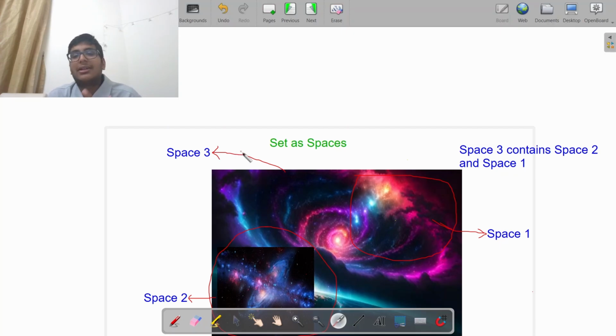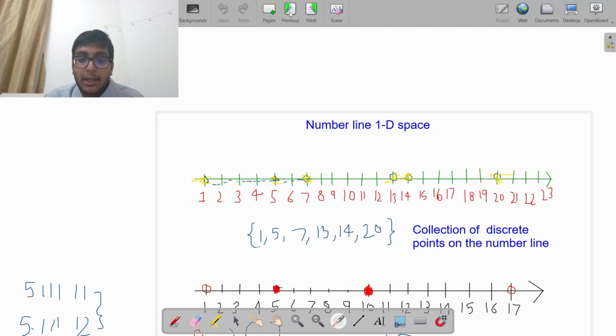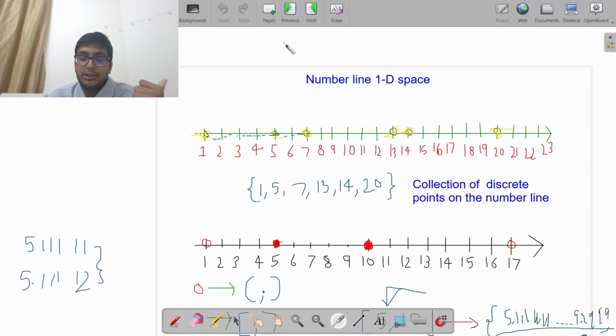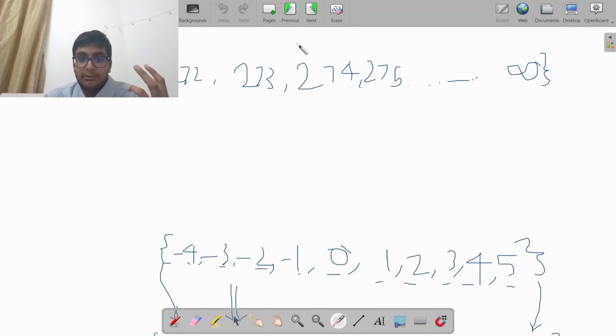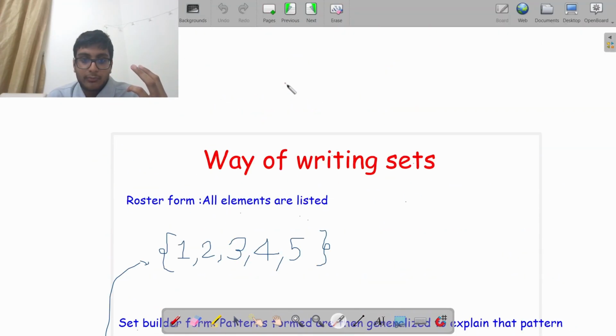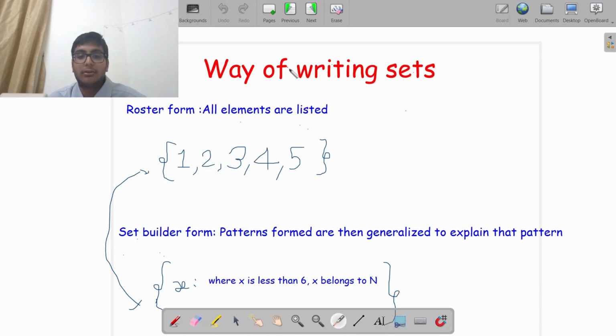A set can be considered as a space as long as we note that the common thing between these two is that they are a group of information, and that we have discrete information and also continuous information that we include in these spaces, and that there are two ways of expressing these spaces, or these sets, or these groups, and that's by roster form and set builder form.